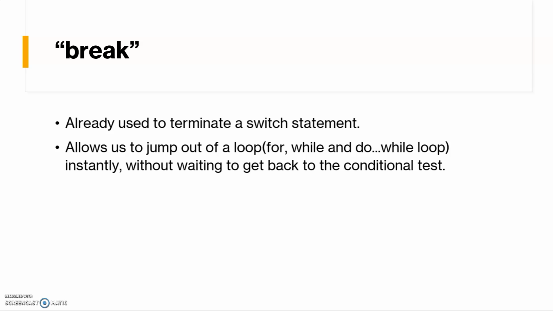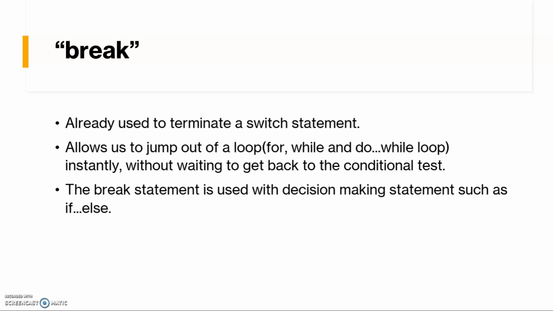Normally break will be used in combination with your switch statement or with your looping statements, meaning for, while and do while. Whenever there is a break statement, it will search for its nearest looping statement like for, while or do while, and come out of that loop.